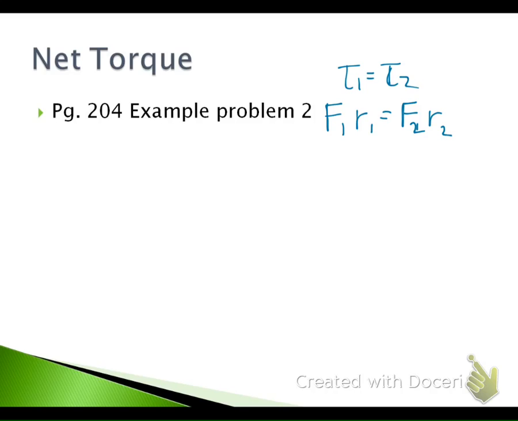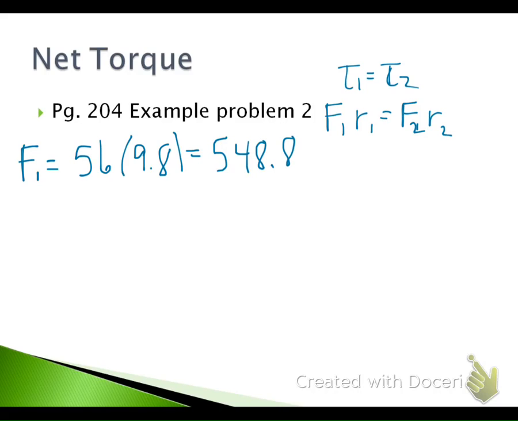So F sub 1 will be our first girl, our 56 kilogram girl. F sub 1 is going to equal 56 kilograms times 9.8, which would be what value? 548.8. And what about F sub 2?